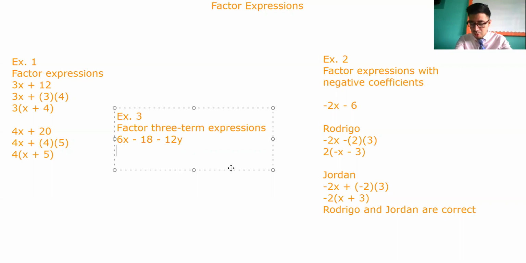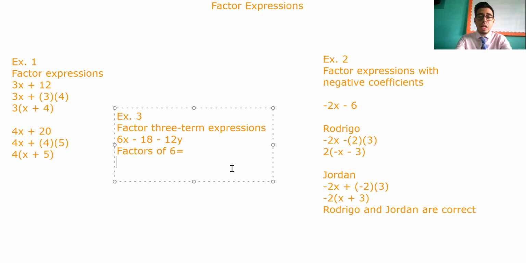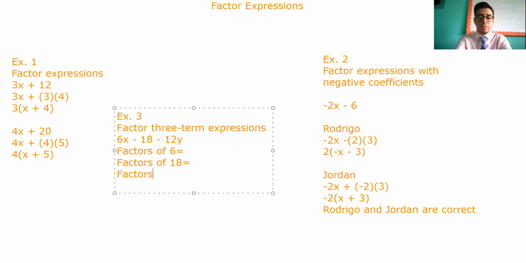So step 1 is to find the greatest common factor. So the factors of 6, the first number we have is the 6. The factors of 6, the factors of 18, and the factors of 12.